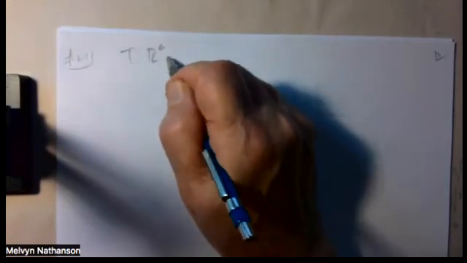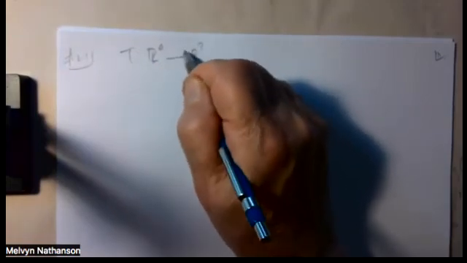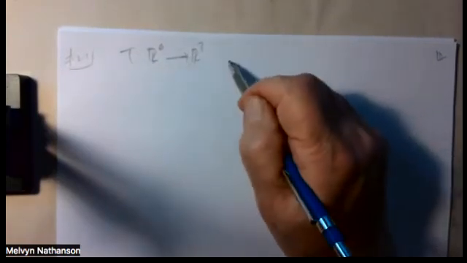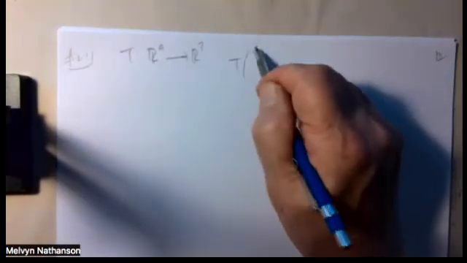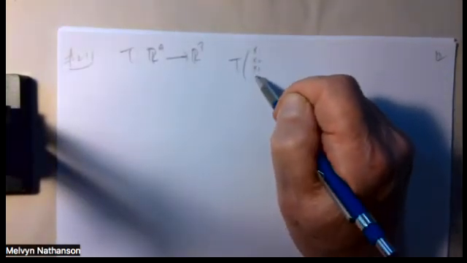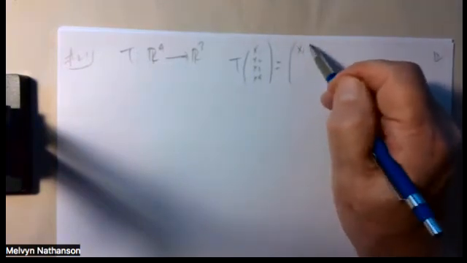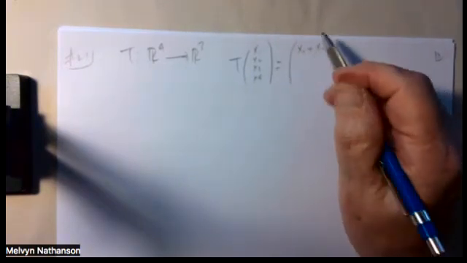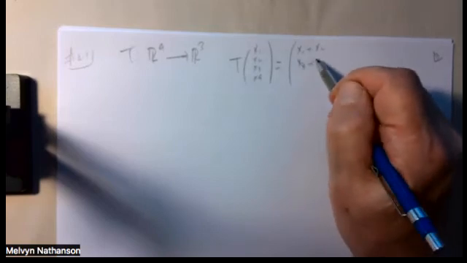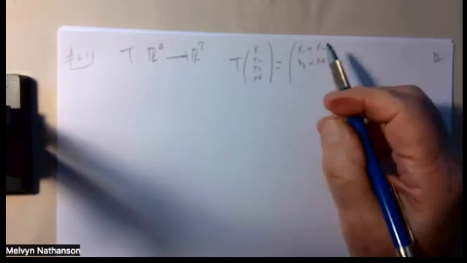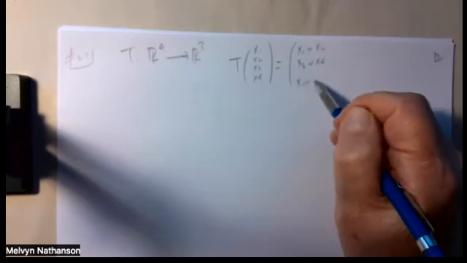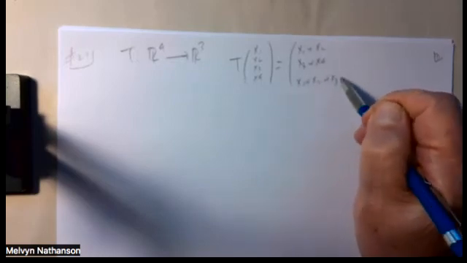So we have a linear transformation from R4 to R3 defined by T of x1, x2, x3, x4 equals x1 plus x2, x3 plus x4, x1 plus x2 plus x3 plus x4.